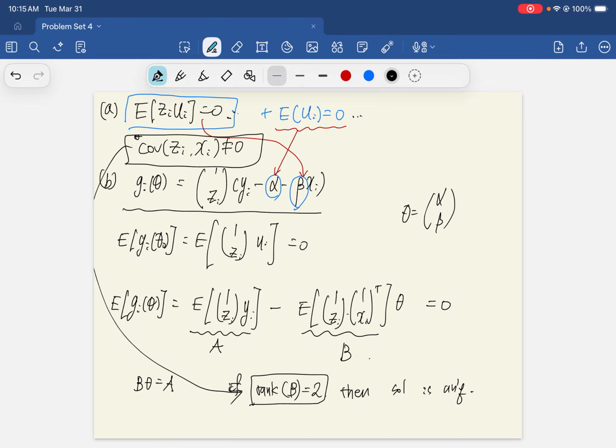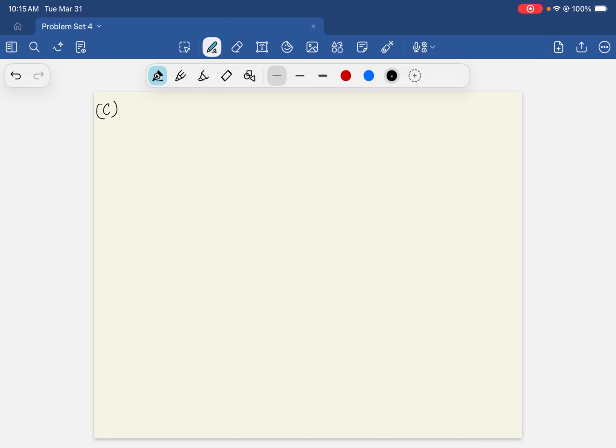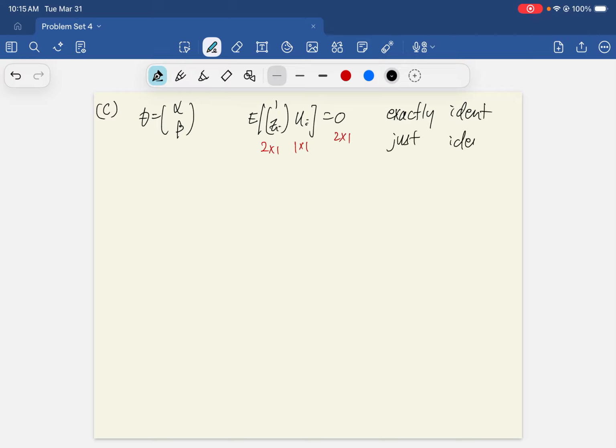Okay, all right. Now let's think about C. Find the optimal weighting matrix. This is another trap. So you have two parameters, alpha and beta, and you have two moment conditions. So it is 2 by 1, two moment conditions. So you have exact identification. Sometimes some textbooks call this just identified. And in this case, we know the weighting matrix does not matter.